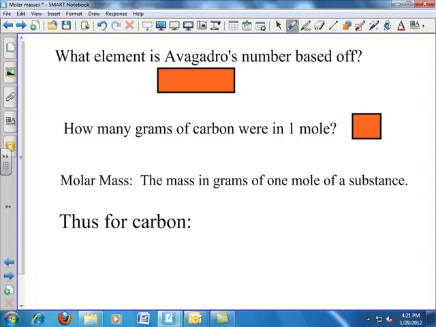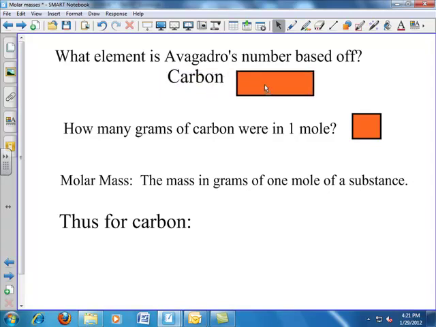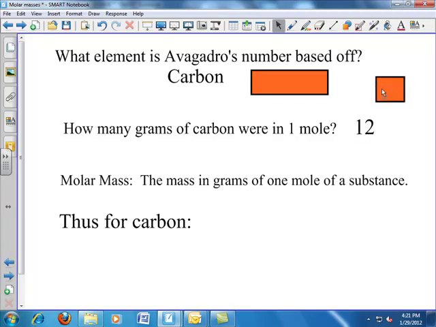So, first of all, just a little quick review. What element is Avogadro's number based off of? This you need to have written down in your notes. The element that Avogadro's number is based off of is carbon. How many grams of carbon are in 1 mole? From the definition, it was 12 grams.